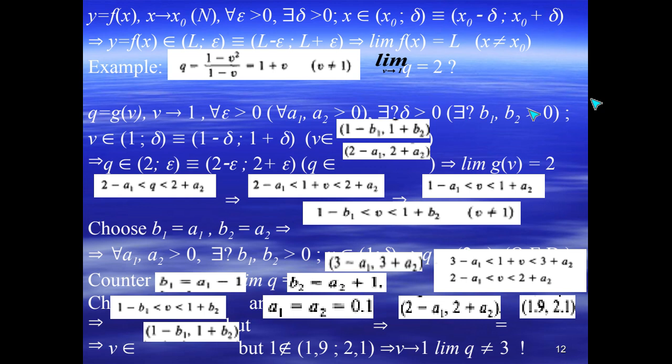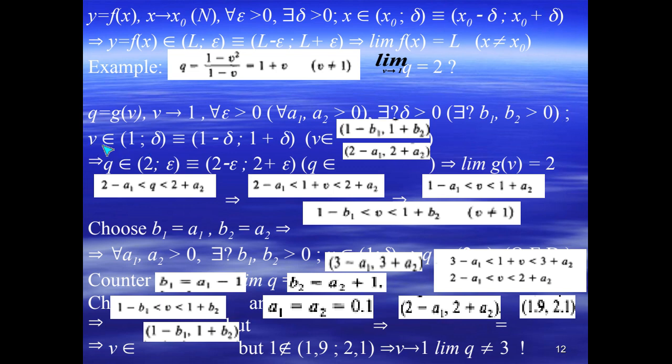Is there a delta? Can we find delta? In mathematics it's expressed with an inverse E with a question mark, which means is there. Only the inverse E is there is. When we put a question mark, it means is there. Is there delta greater than 0? Or as the book says, is there b1, b2 greater than 0?